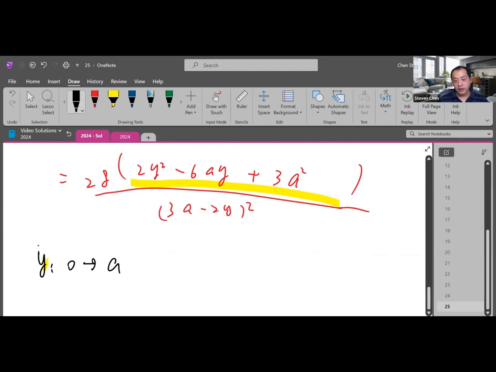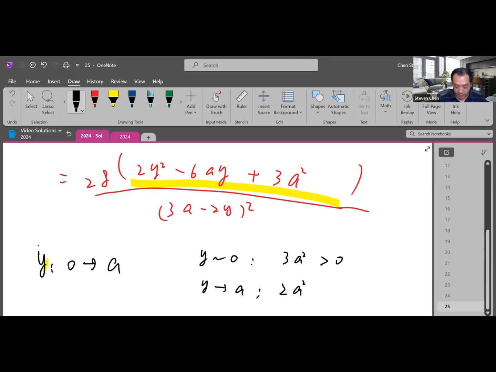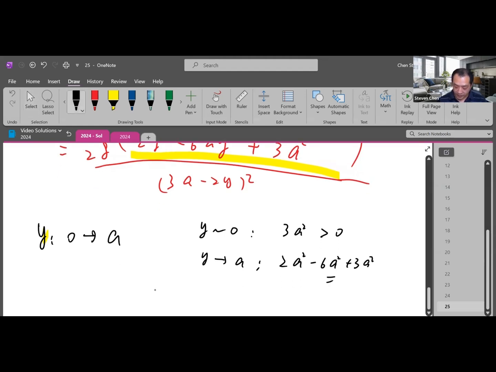And let's see how the sign of the yellow term changes. So for y that is very close to 0, it's obvious that the yellow term is pretty close to 3a squared. So it is positive. And when y is pretty close to a, then it becomes 2a squared minus 6a squared plus 3a squared. So this is very close to negative a squared.